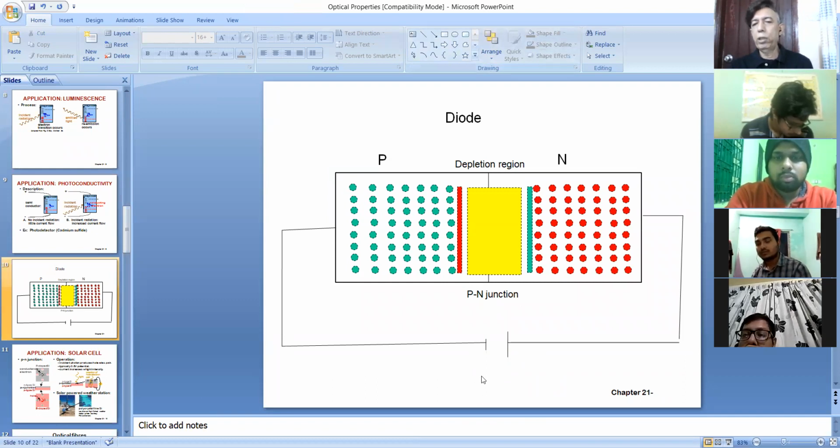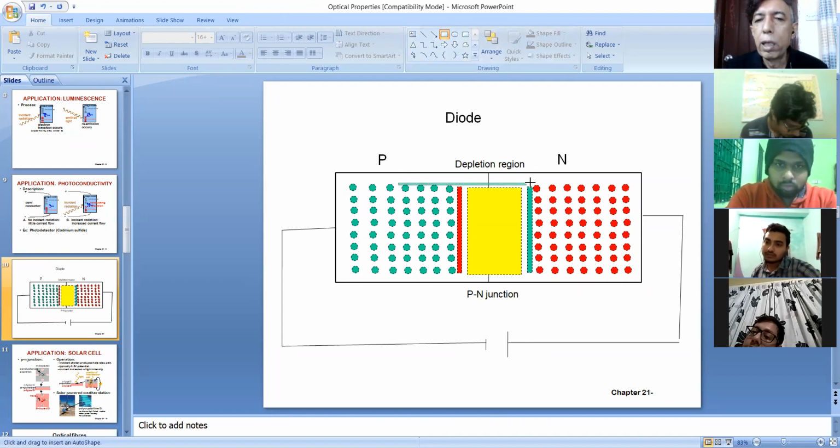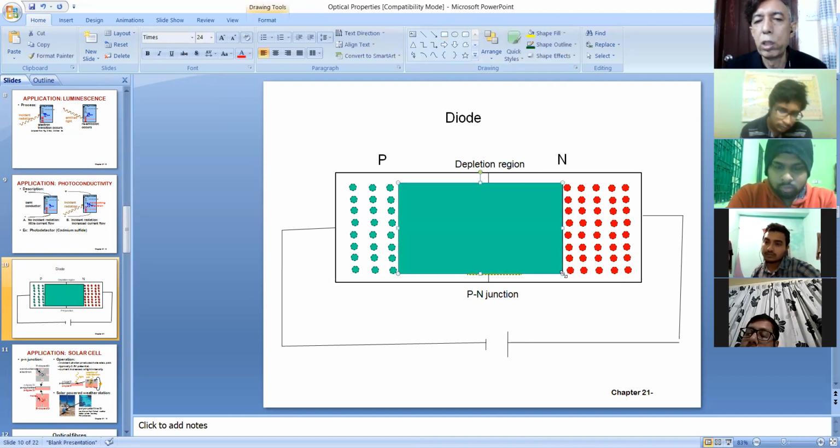This is positive charge and this is negative charge. Now, what will happen if we connect this by reverse bias? You will find a large depletion region for reverse bias.